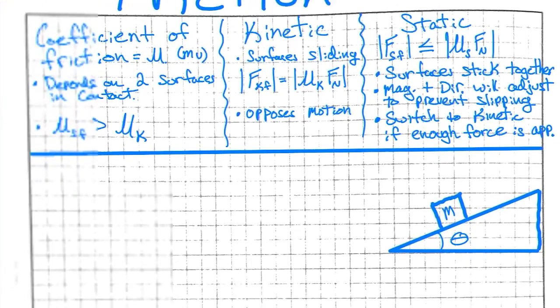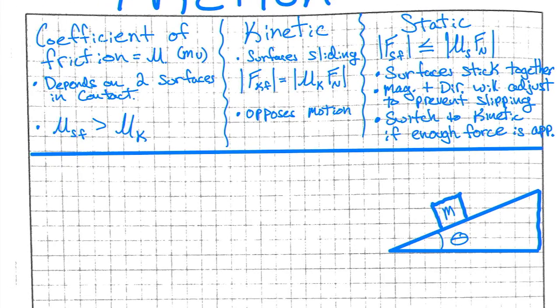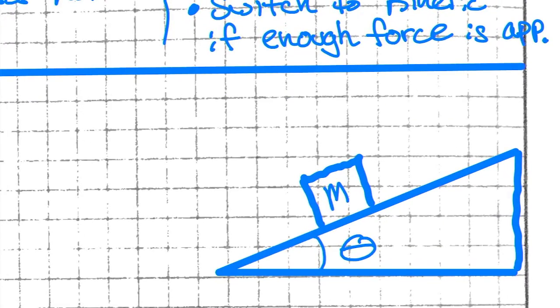All right, let's take a look at an example here. We have a block on a ramp. Let's say that our coordinate system here is going to be up the ramp plus, perpendicular to the ramp plus, so that the x direction and the y direction.